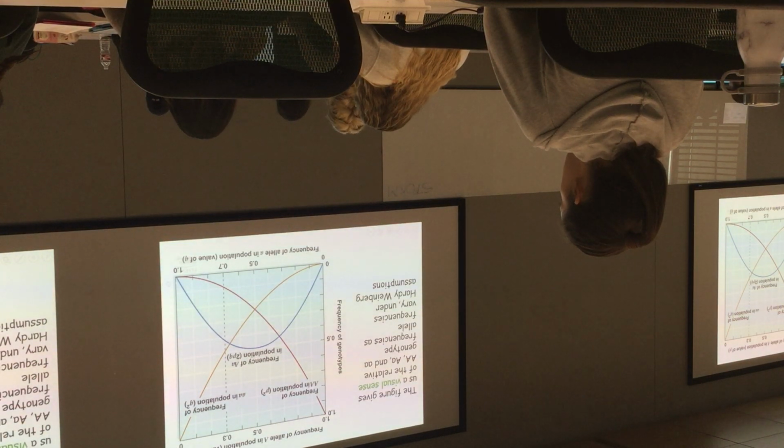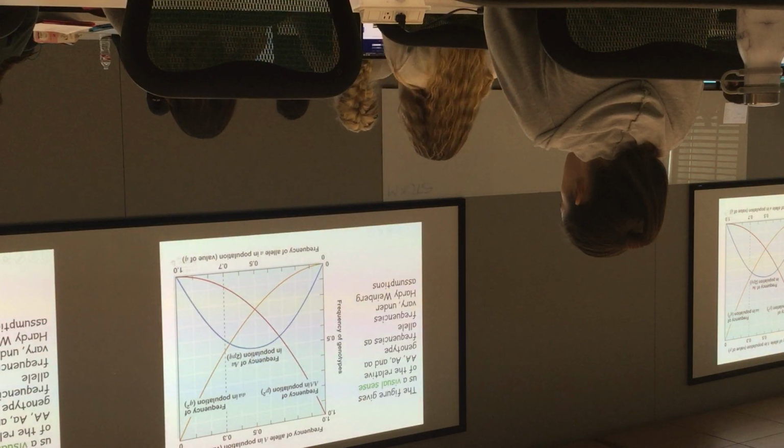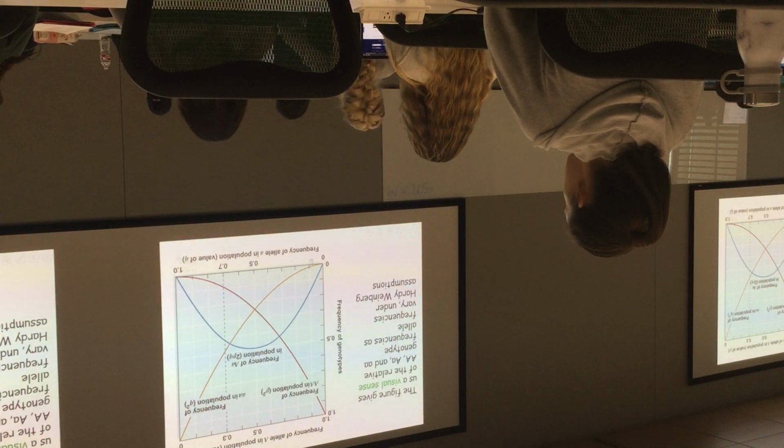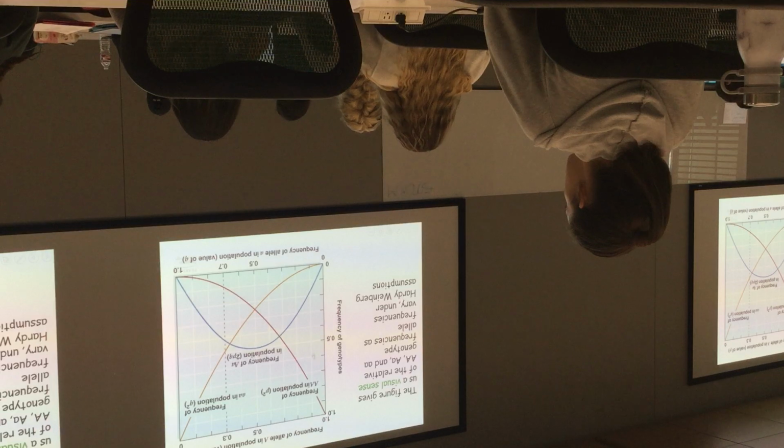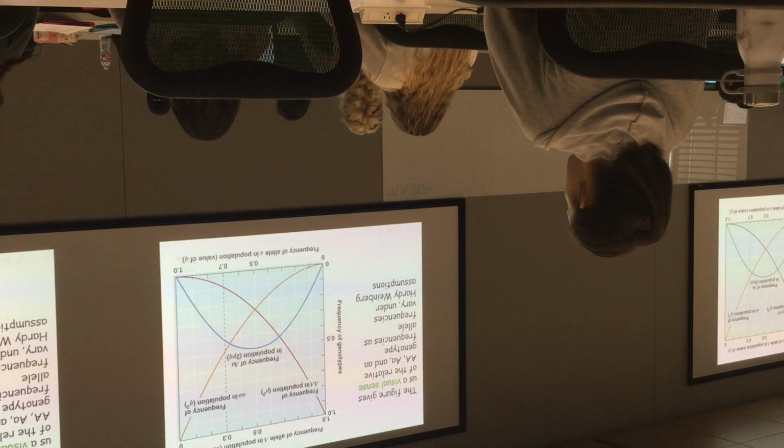And in an opposite orientation, you'll have the frequency Q for small a, going from that's all there is, to that's none of what there is. And what you can see is for any of these pairs of conditions, a value Q and a value P, you can calculate the frequency of all three types of genotypes in the population if it's Hardy-Weinberg.